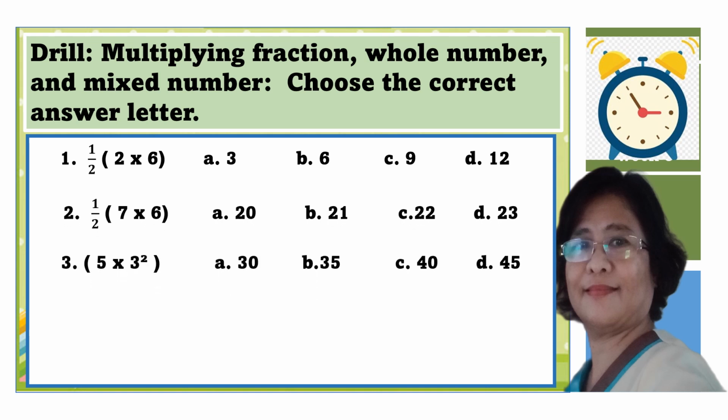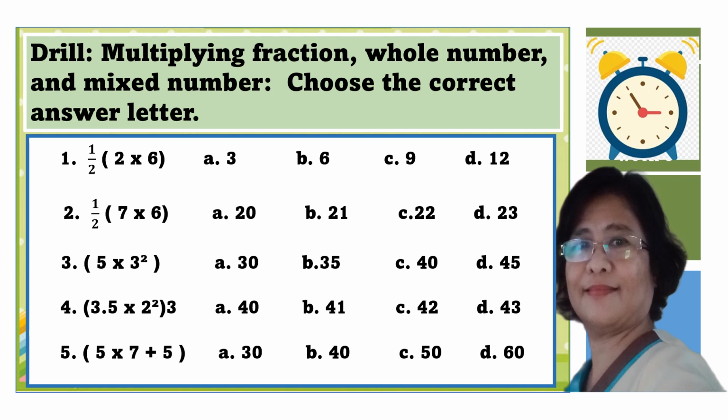Number 3. Number 4. And number 5. I will give you a minute to answer this. Stop this video while answering and replay it again to reveal the answer. Timer starts now.